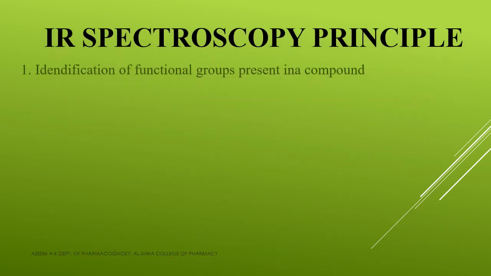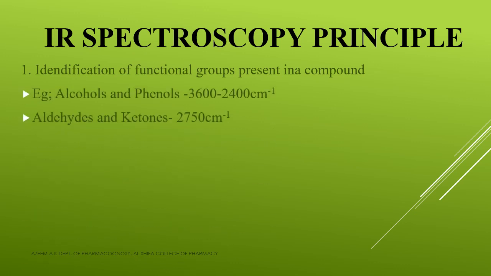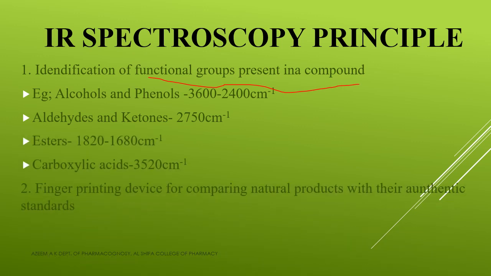Clear? Now we can see the various applications of IR spectroscopy. The first application is that it is used in the identification of functional groups present in a compound. For example, alcohols and phenols will be showing peaks or bands between 3600 and 2400 centimeter inverse.